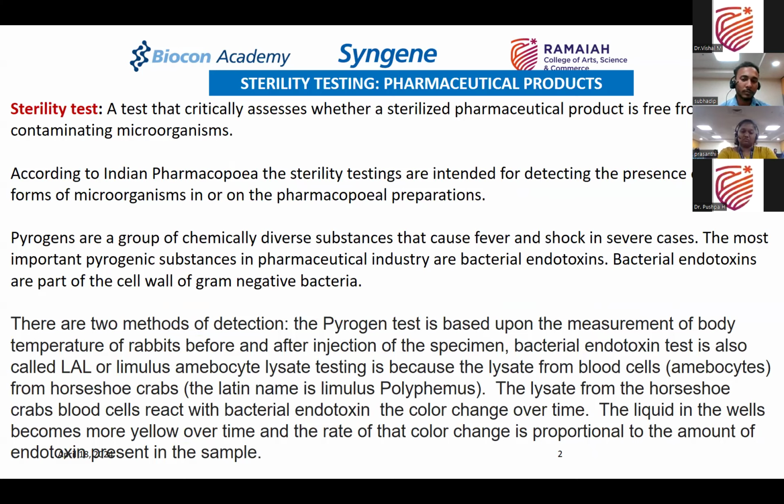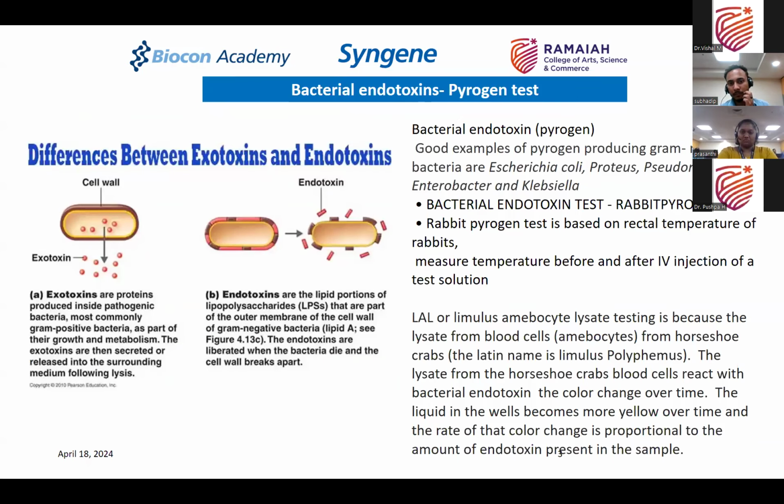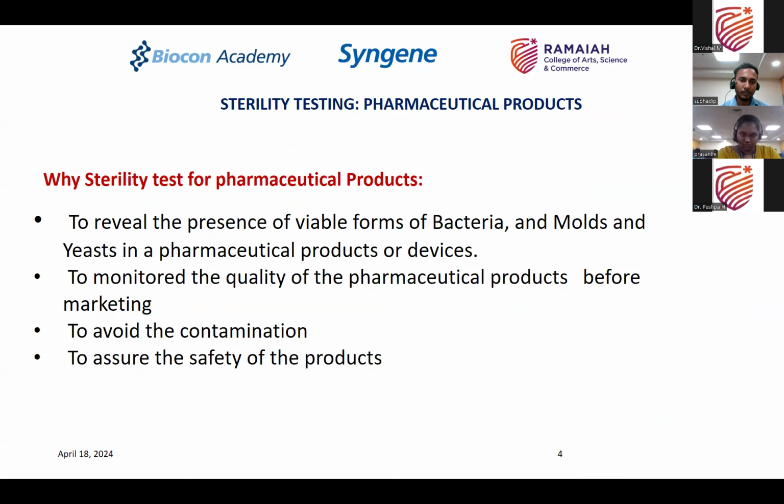Apart from viable microorganisms, you could also look for pyrogens, that is the lipopolysaccharides of gram-negative bacteria, whether present in a particular sample or not. That can be analyzed by the LAL test or by the rabbit pyrogen test. And our main aim is to study the viable microorganisms in the given sample.